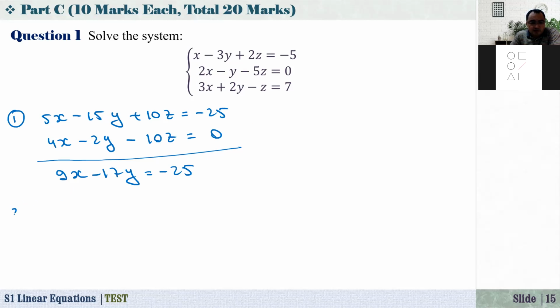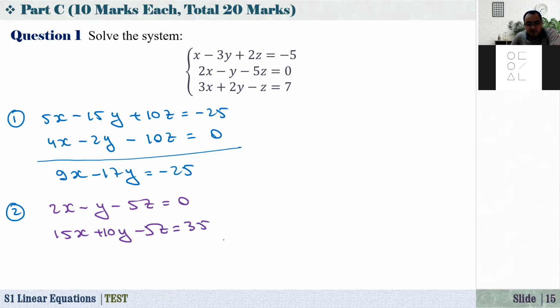And for the second equation, I'm just going to use the second and third equations. So I should multiply the third equation by 5 and subtract. Let me rewrite the second equation in a different color: 2x minus y minus 5z, and on the right-hand side, we have 0. Third equation, multiply both sides by 5: 15x plus 10y minus 5z is equal to 35.